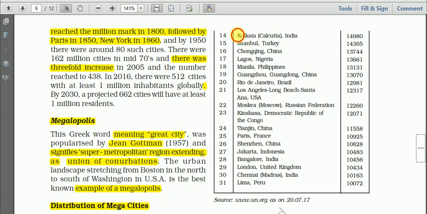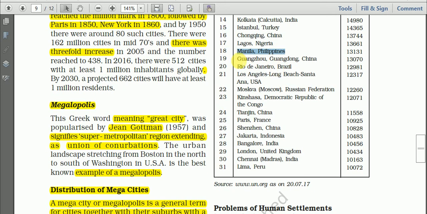Then at serial number 14 we have Kolkata in India. Then Istanbul in Turkey. Then Chongqing in China. Lagos in Nigeria, that is in Africa. Manila in the Philippines. Guangdong in China.